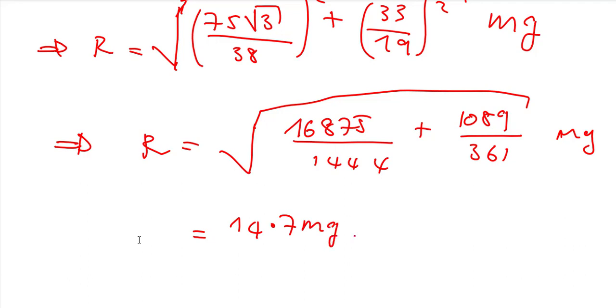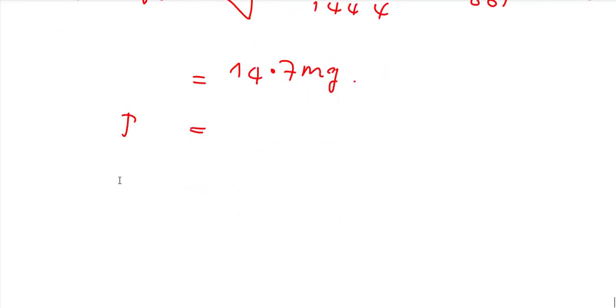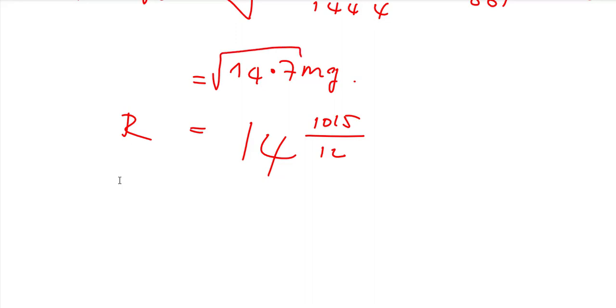That's what we get as final result. Or if you want it as a fraction, R gives 14 whole number 1015 on 1444 mg. Oh, I didn't take the square root, since all of this is in the square root.